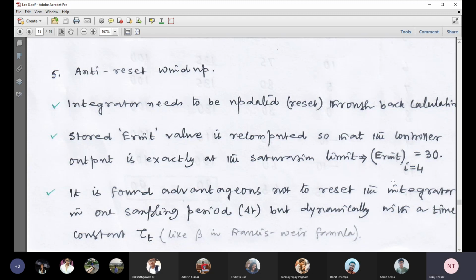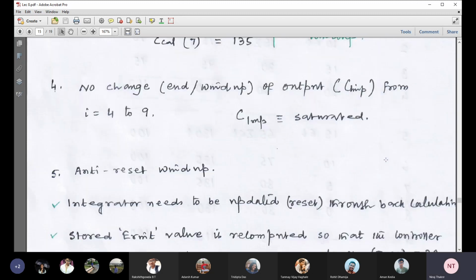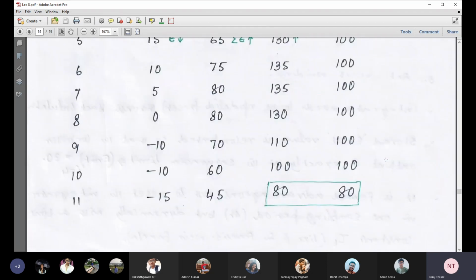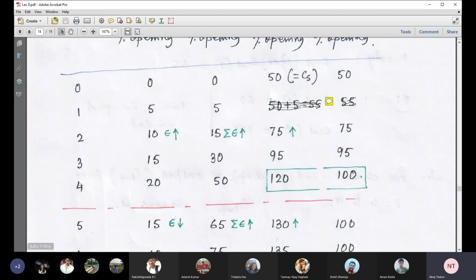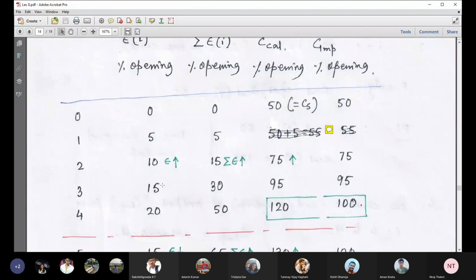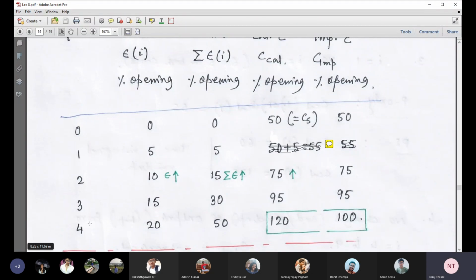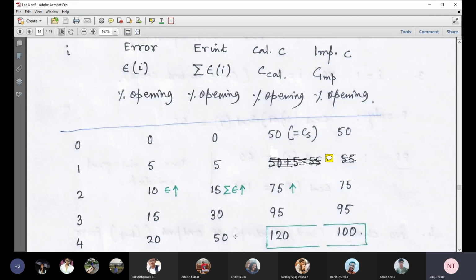And if you come to I equal to 4, then you can easily understand. At I equal to 4, our error is 20, and error integral is 30 plus 20, that is 50. So our calculated manipulated variable is 50 plus 20, 70, plus CS, so it is coming 120.